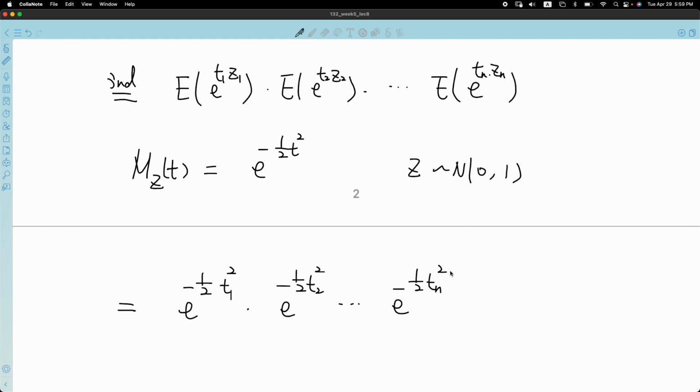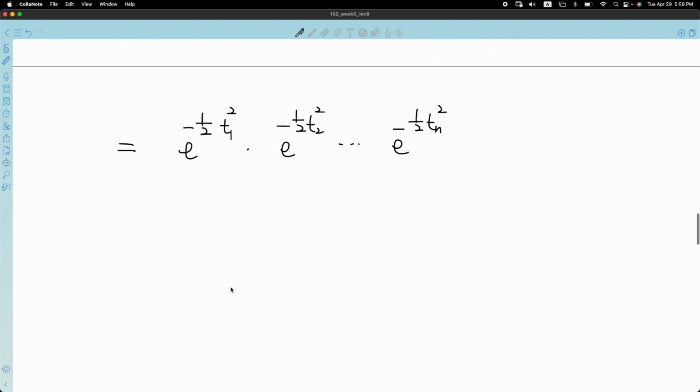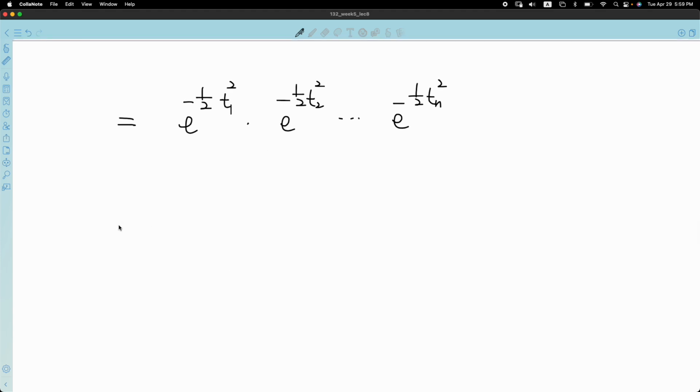Okay, so from this line to this line, I'm just borrowing the scalar version of the moment generating function. And then the product of the exponential is the exponential of the sum. So I'm going to write e raised to the power of negative 1/2 times t1 squared plus t2 squared plus all the way to tn squared.